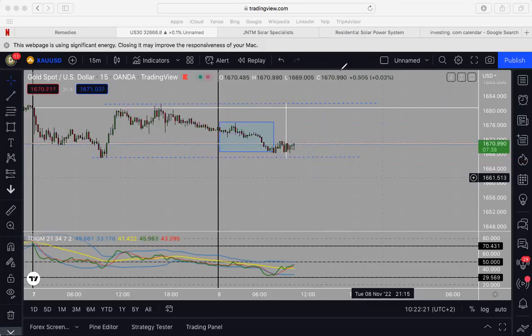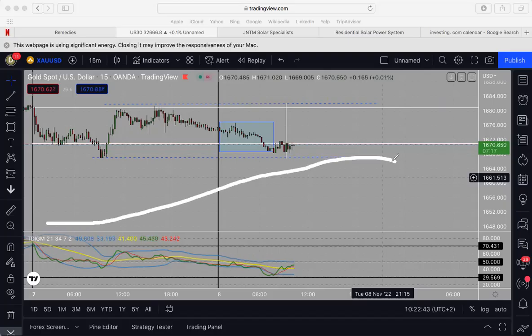But what are our EMAs saying as well? Well, if you're looking at your EMAs, we are currently near to the 200. Let me just get a white. So the 200 EMA, which is the Mayo, is somewhere there, just floating nearby.